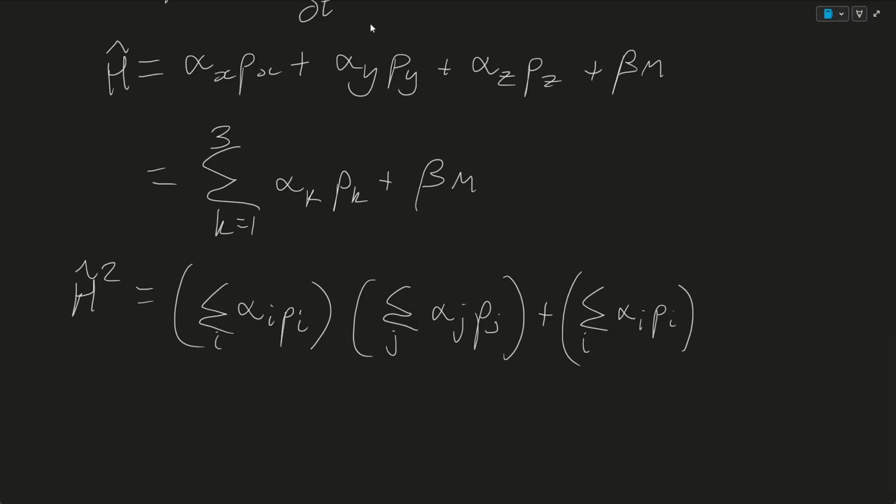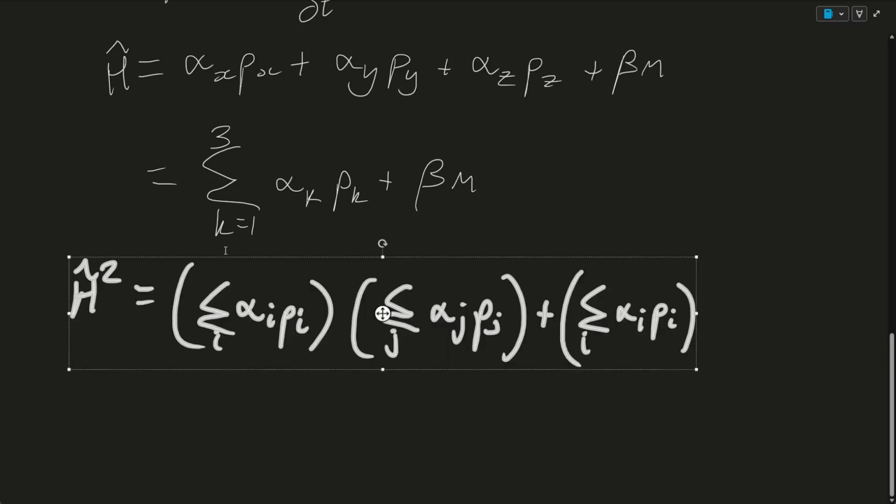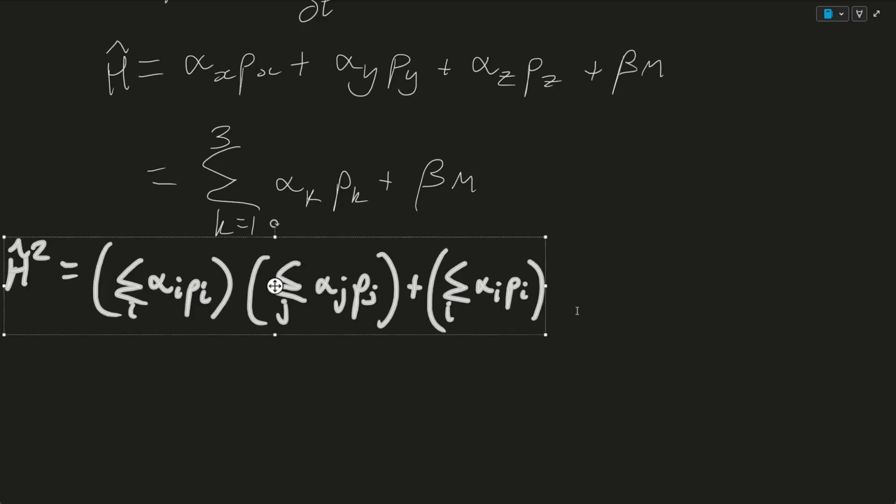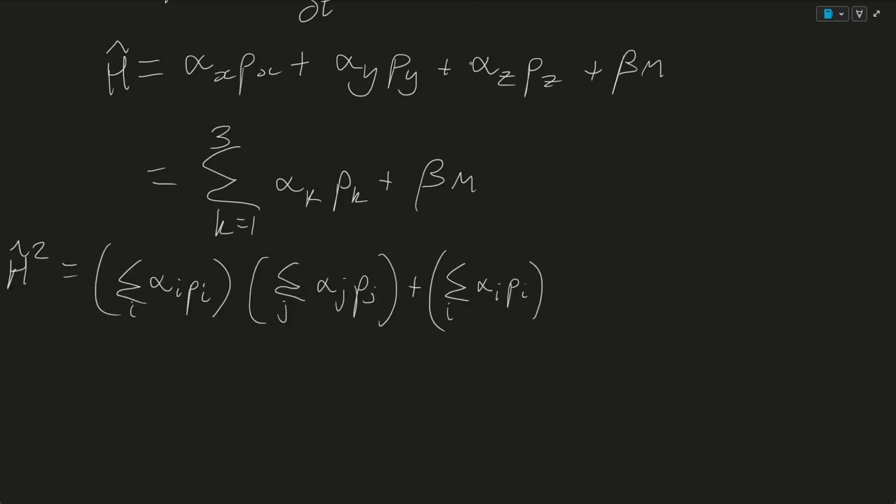I wonder if this can be moved to the side. I think it can. Beta m plus beta m bracket sum over j.